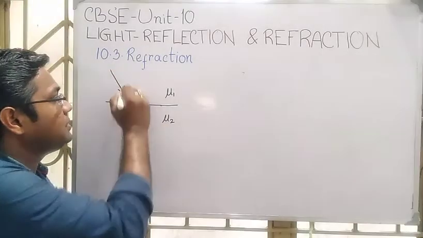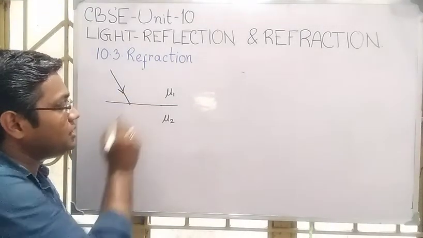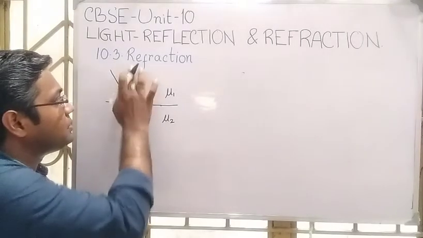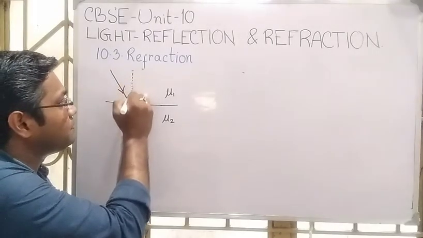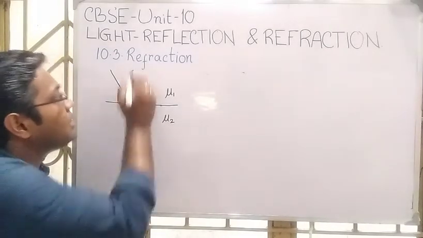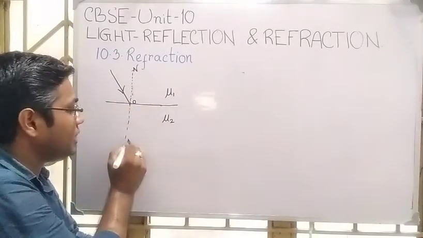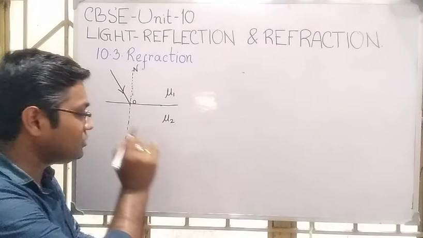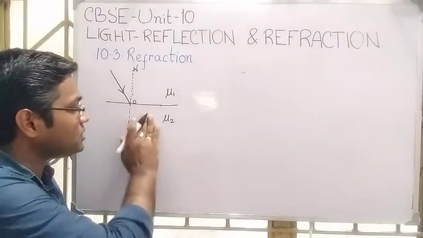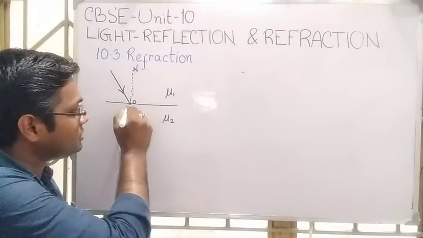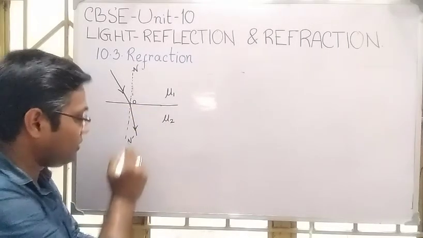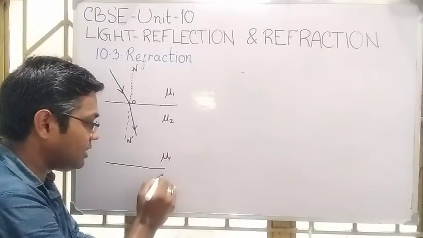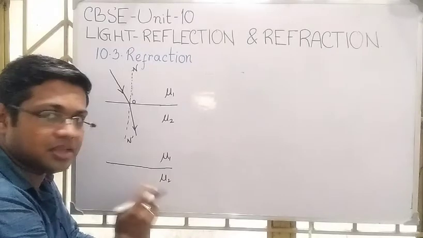If a light ray is incident at that particular point, N prime is the normal at the point of incidence. Now there are two possibilities. One is that the light ray bends towards the normal, or there is another possibility that I am going to draw here, with mu1 and mu2, the same thing.